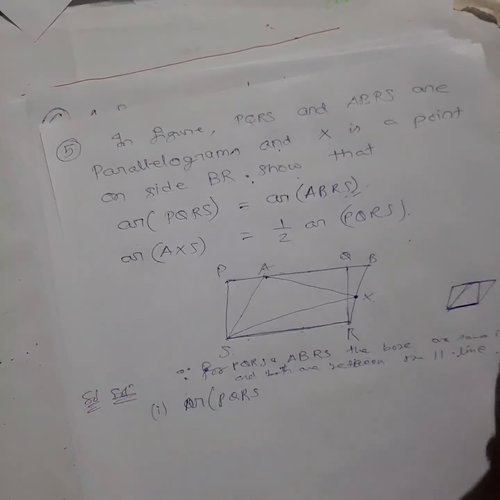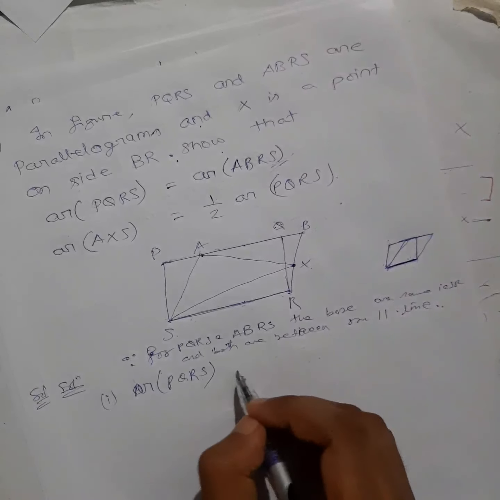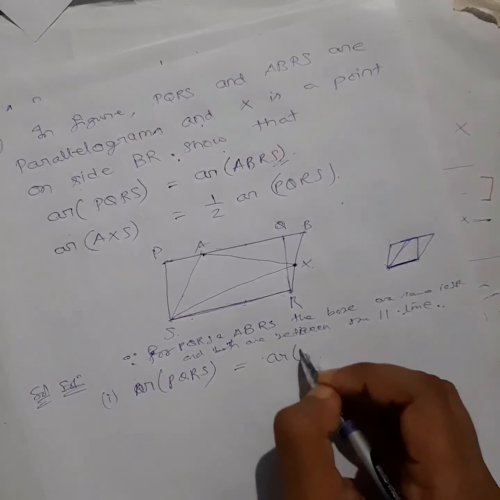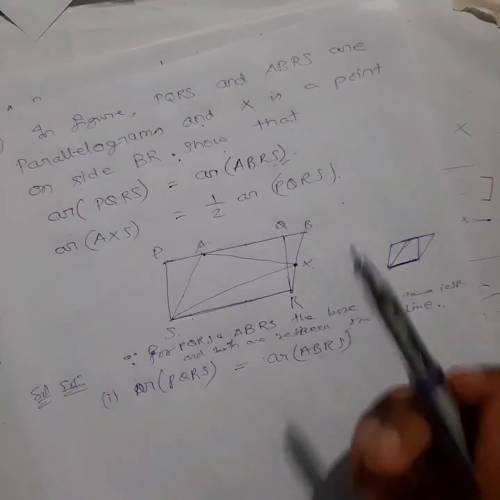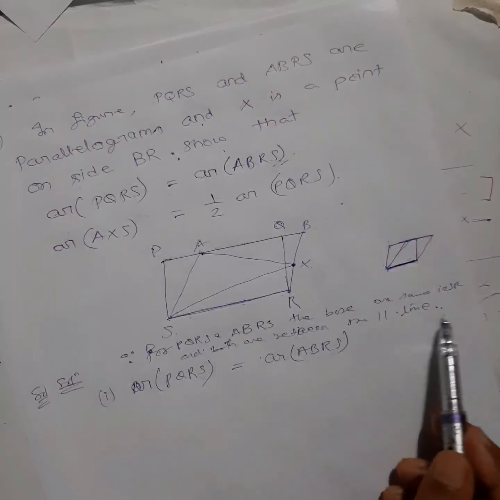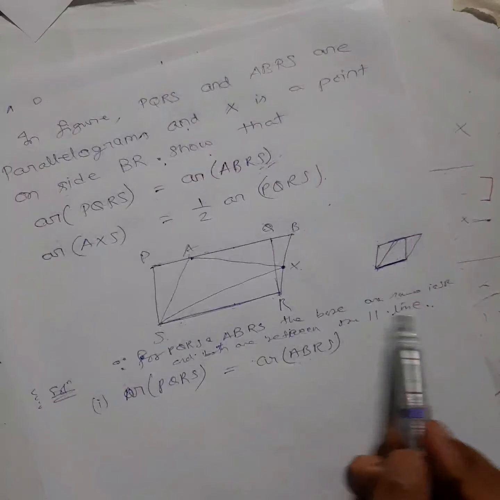So I'm writing in shortcut because we have done this one already. That's why I said it's a very simple question. Area of PQRS will be equal to area of ABRS. We don't need to prove anything here if it is for 2 marks only. You just have to give the statement properly here.